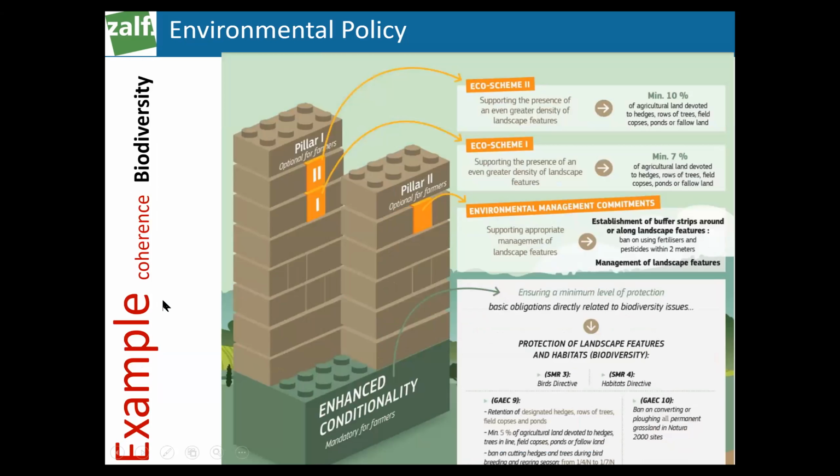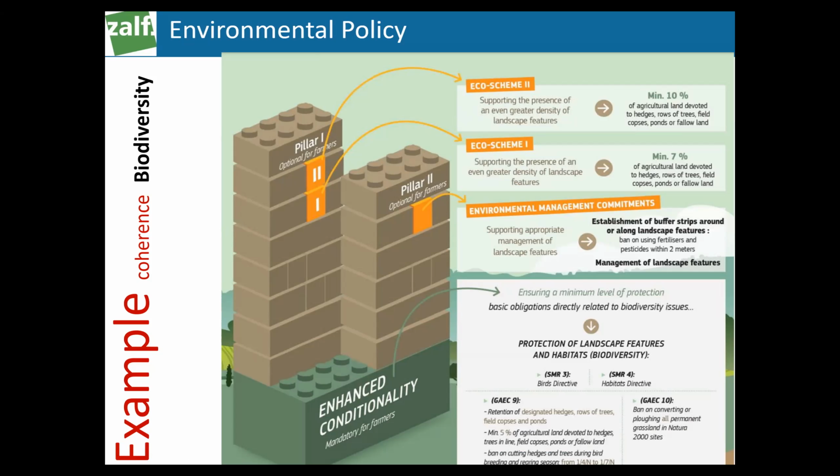Example number 2 on biodiversity. Eco-scheme 2 in Pillar 1 will be an eco-scheme that means supporting the presence of an even greater density of landscape features. There's a minimum of 10% of agricultural land devoted to hedges, rows, and trees to have a more diversified land.